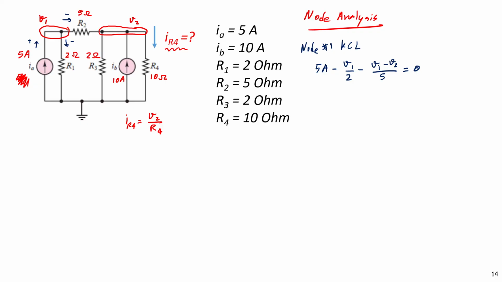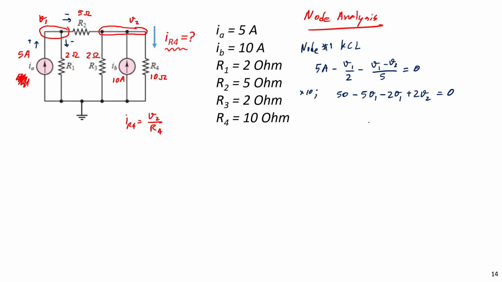We can rearrange this equation by multiplying by 10, then we get 50 amp minus 5V1 minus 2V1 plus 2V2 equal to 0.